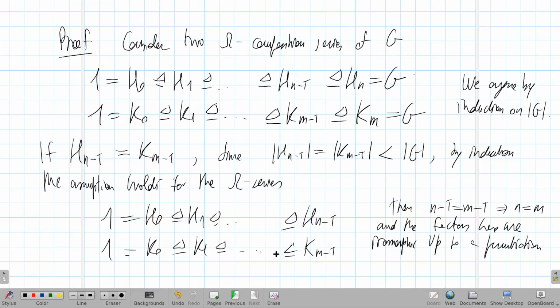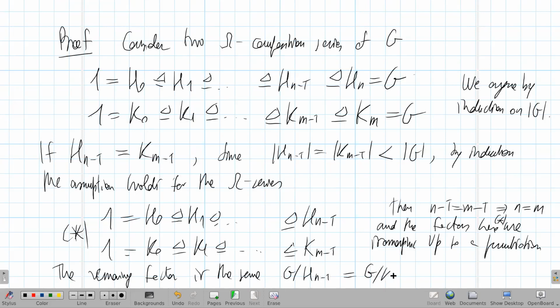Okay, so the factors of these two series here mean here. And the remaining factor is the same, because I'm assuming here that Hn-1 equals Kn-1, and this one is literally equal to this one.